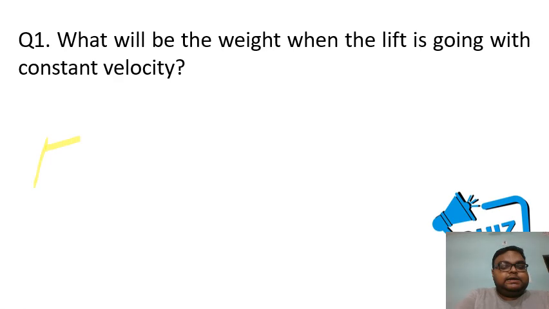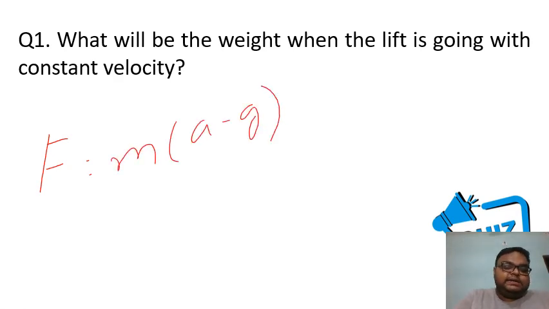So we know that, let me change the color of the ink, right? So we know that F equals m times (a minus g), isn't it? Since it is going with a constant velocity, the acceleration is not changing, and the net acceleration is zero, balanced by gravity.